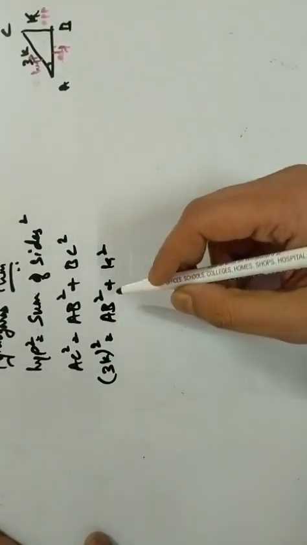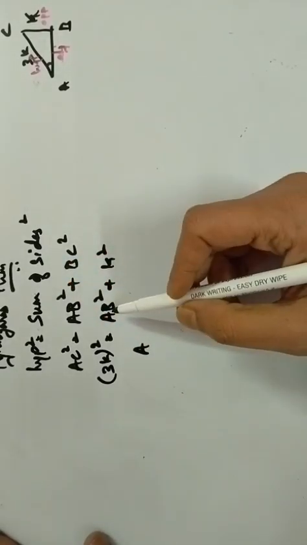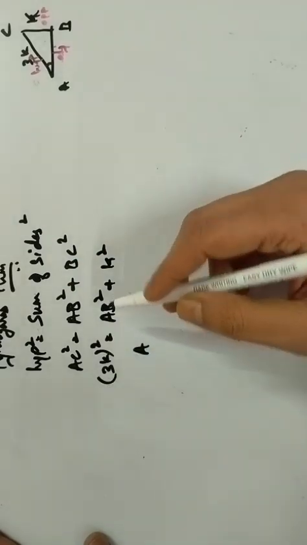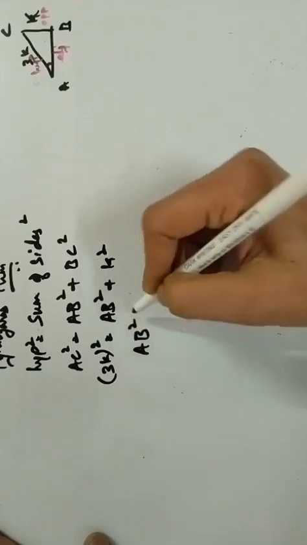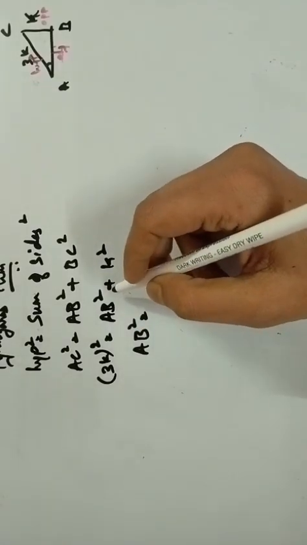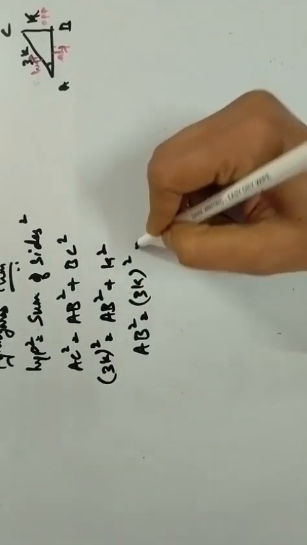So now, as we require AB square, we will take this AB square to the LHS and 3k square to the RHS. It turns out to be AB square is equal to 3k square minus k square.